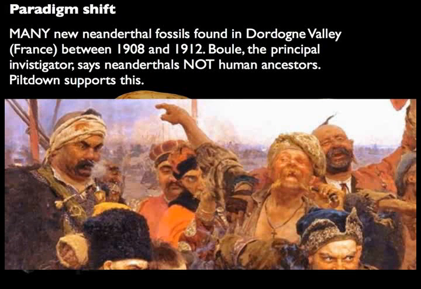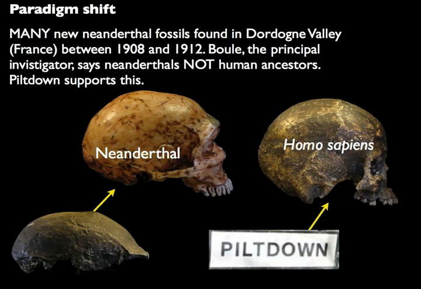And that allows this guy, and actually the majority of scientists at the time, to say that there might be two lines. You've got the Neanderthal Homo erectus line, and then somewhere way back in time, you're going to find the human line. But these two things have been separated for a very, very long time.